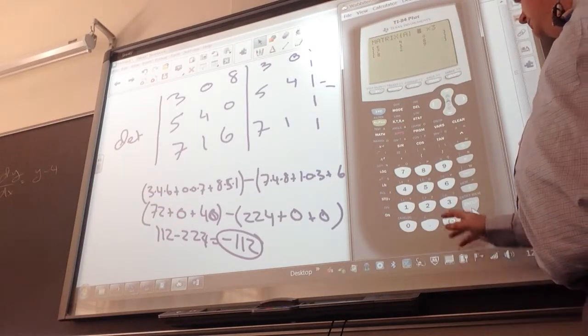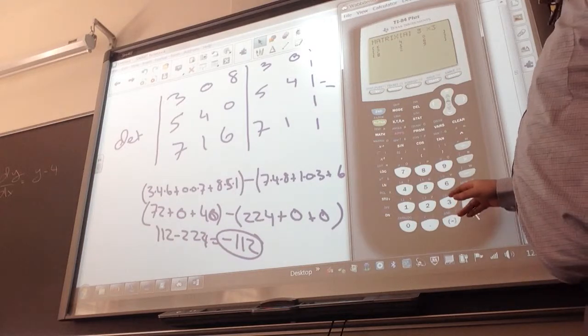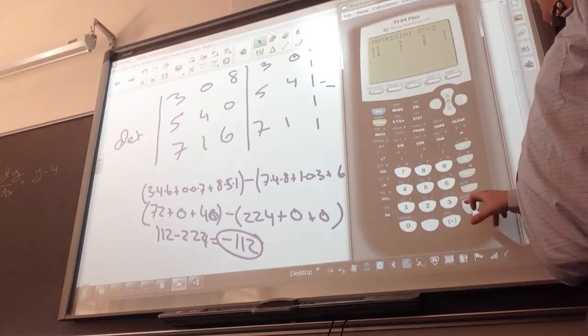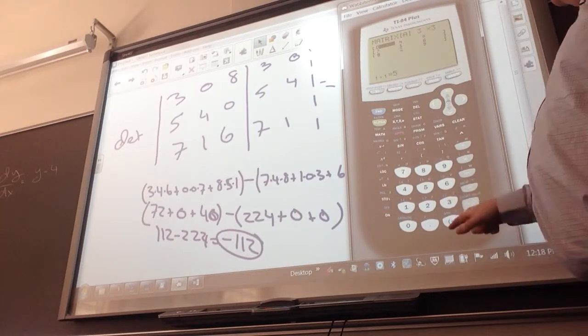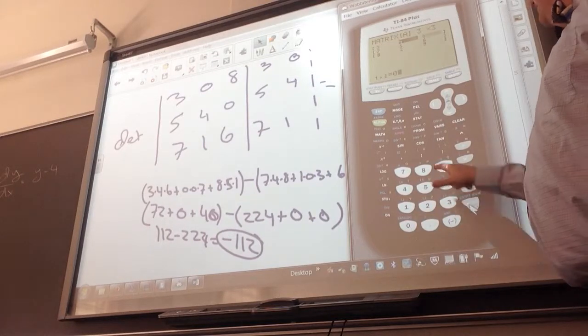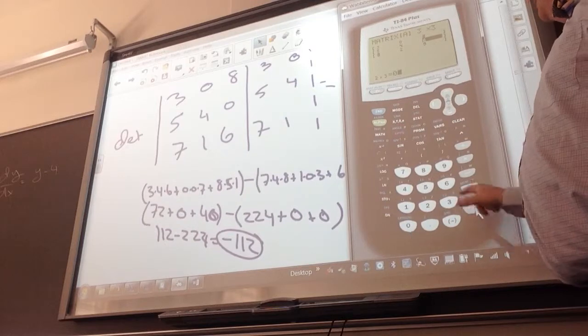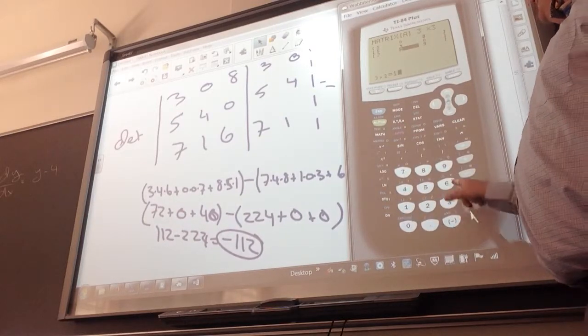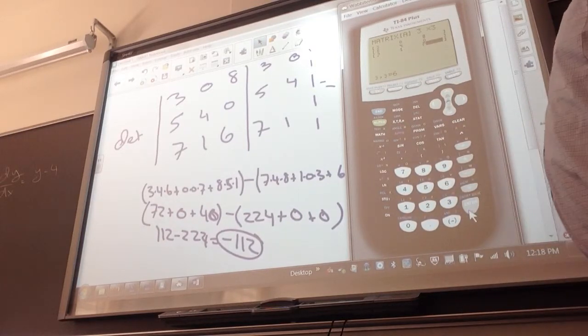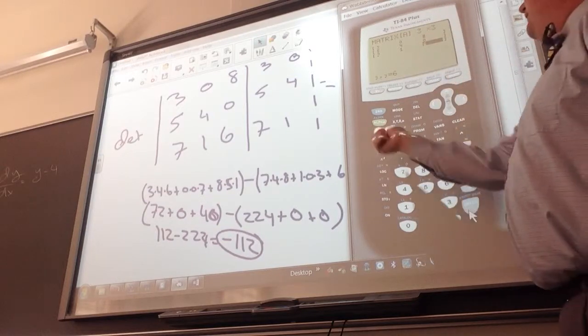You just edit the numbers. Yeah. Okay. So it's 3 by 3. Since you have to enter them all in anyway, so 3, 0, 8, 5, 4, 0, 7, 1, 6. Okay? So that's the matrix with my numbers filled in.